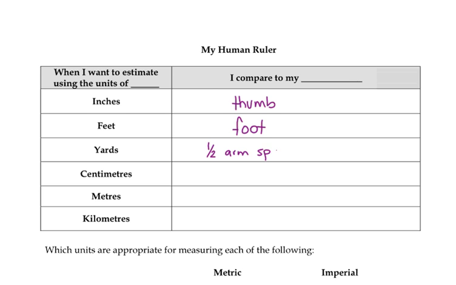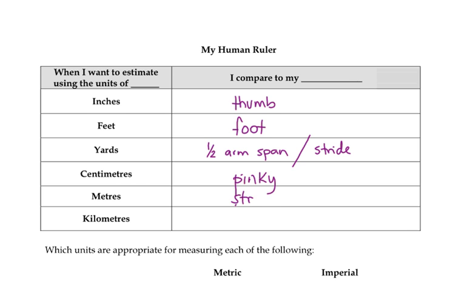Also, you could use a stride. Everyone knows what a stride is? Okay, centimeters. This is easy. We already talked about this. What would you use for a meter? Stride.